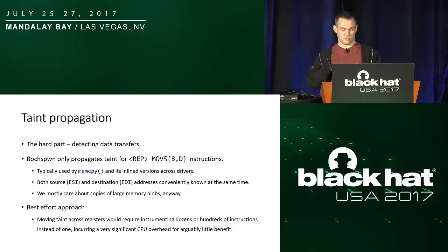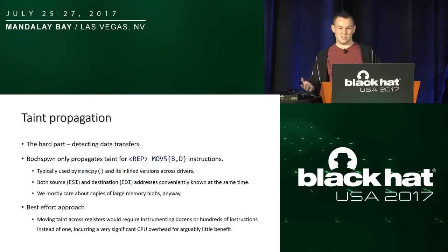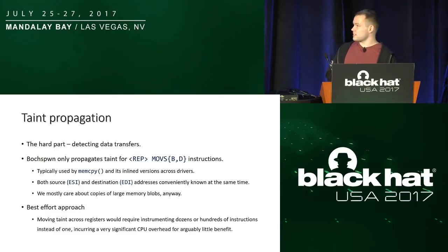The hardest part of all of this is the taint propagation, because we can easily detect allocations, but detecting data transfers and handling them correctly is definitely the hardest part. So in case of my project, I only propagate taint for the rep-mov-sd and rep-mov-sb instructions, which correspond to the memcpy kind of construct.